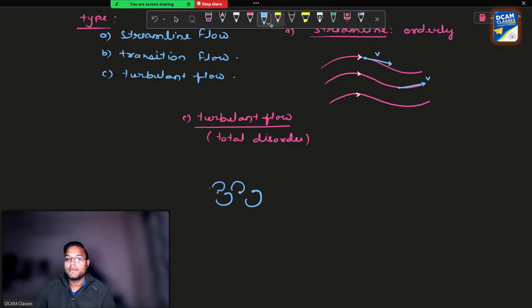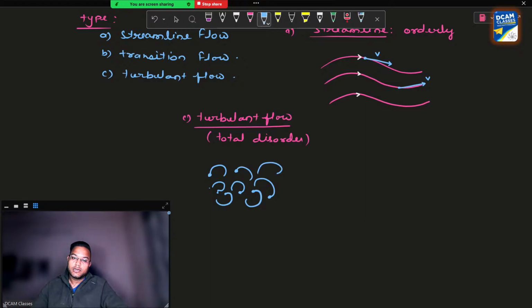The water will be moving randomly, no particular order. Total disorder. And in between them is the transition stage, transition flow.